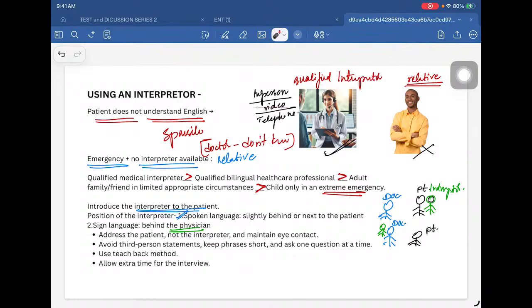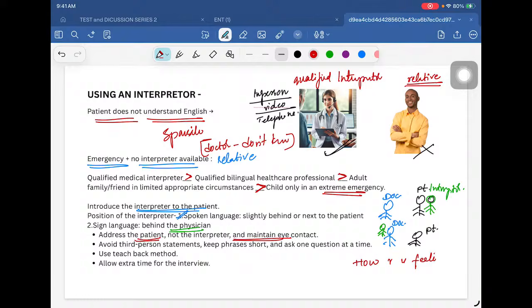Now how should you communicate? Always address the patient, not the interpreter. Maintain eye contact. What do you mean by address the patient? You're going to ask, how are you feeling? This is the phrase that you're going to use. You're not going to ask the interpreter, how is she feeling?